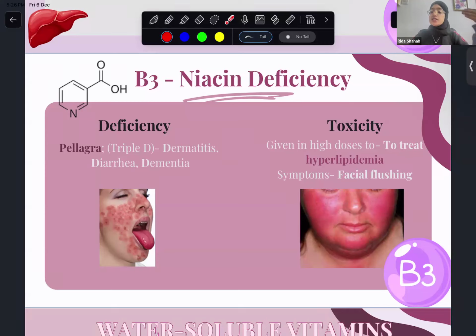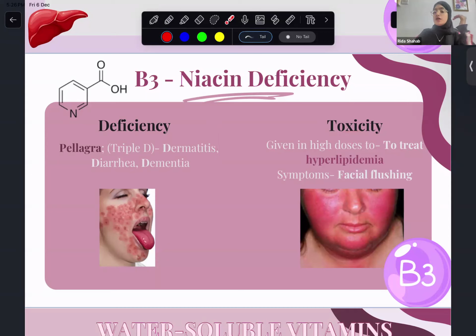And pellagra is classified by the triple D. The triple D here is dermatitis, diarrhea, and dementia. So dermatitis is basically lesions on the skin. Diarrhea, everyone knows what diarrhea is. And dementia is forgetful memory, okay? So this is what is caused by the deficiency of niacin. What is the toxicity of niacin?